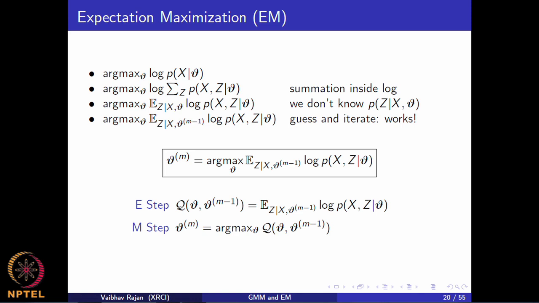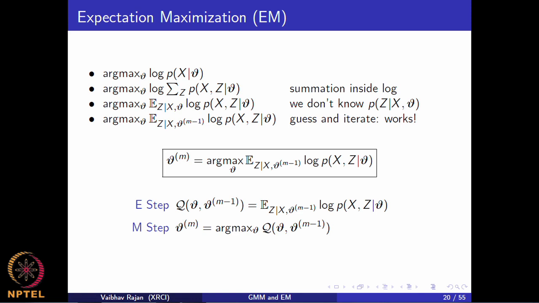So we compute the expectation of the complete data likelihood under the distribution of z given the current guess of the parameters, and this works. We will see why it works, but this works. The entire EM algorithm can actually be represented by just this one line.